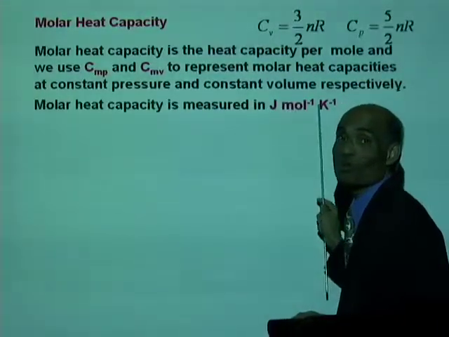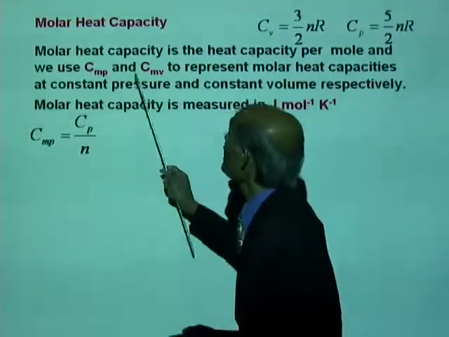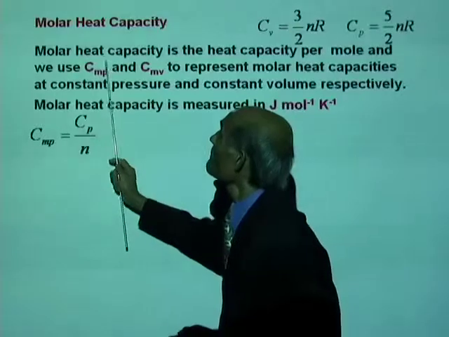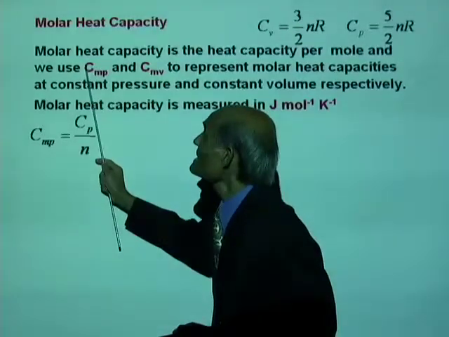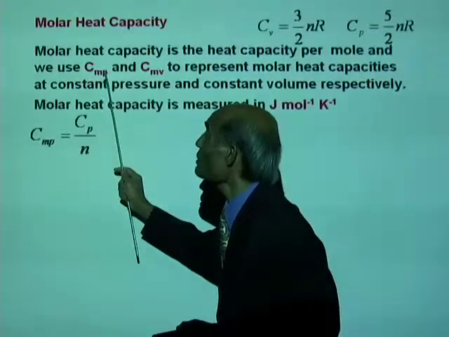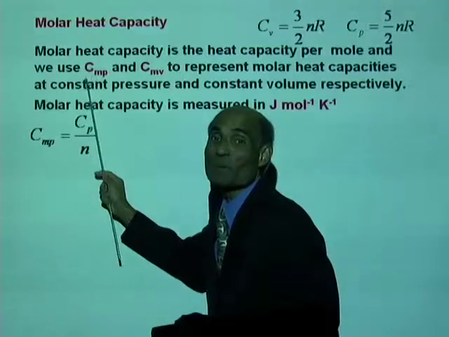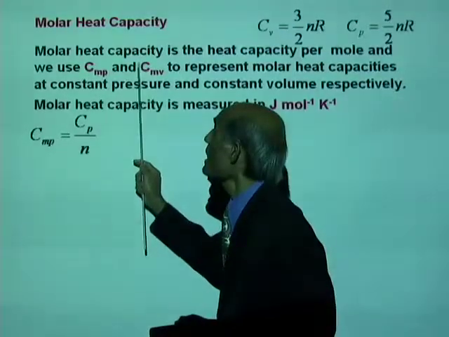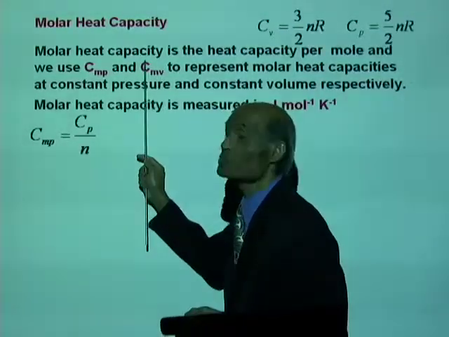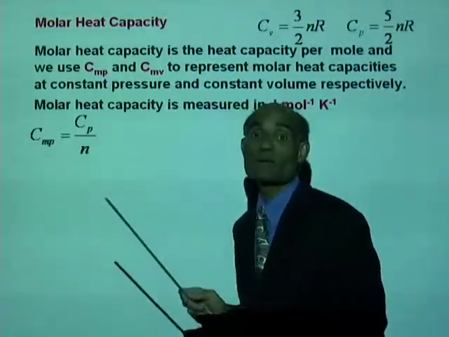Joules per mole per Kelvin. Now, the molar heat capacity at constant pressure we will represent by Cmp, and the molar heat capacity at constant volume we will represent by Cmv.